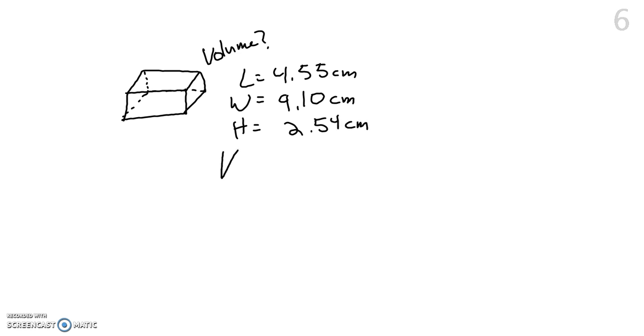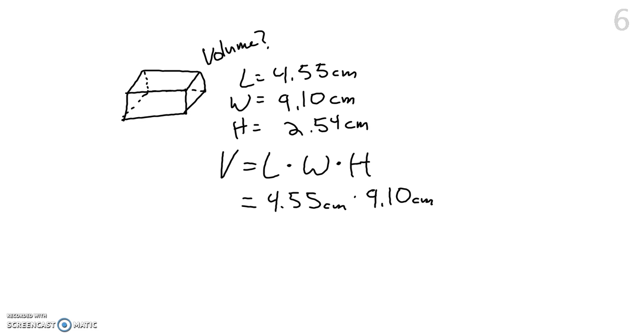So my volume for a cube is equal to the length times the width times the height, which is easy: 4.55 centimeters times 9.10 centimeters times 2.54 centimeters.